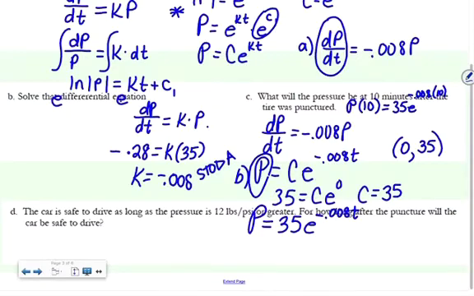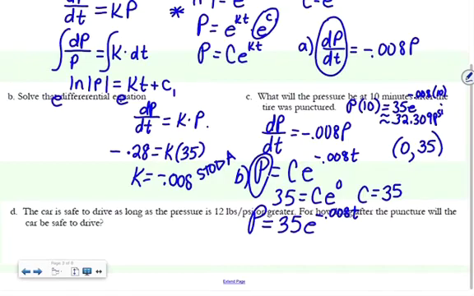Yes, I'm going to do 35 e to the A times 10, and get to 3 decimal places. 32.309. And what would the units be for pressure? PSI. Good.